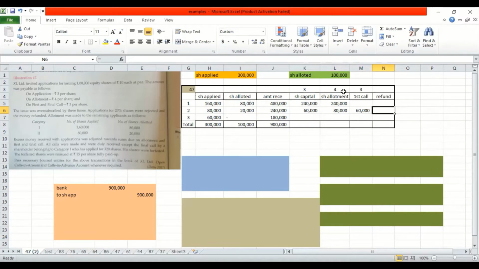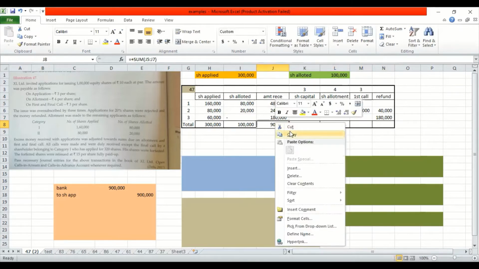Now, what is the remaining amount of 40,000 you're going to do? You have to return that money to this person. Same thing, category 3, we did not give him any share, so we can't take his money. So I'm going to write it over here as 180. I hope this part is clear.